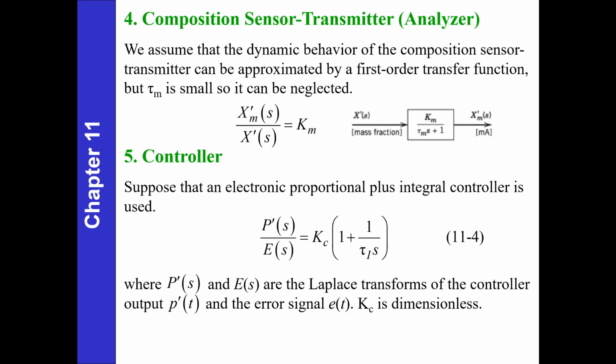The same goes for the transmitter. This transmitter has its own transfer function. It should be a first order transfer function. However, remember that we're talking about transmission delay. It shouldn't have a transmission delay, and the value of tau M, which is a time constant, is approximately 0.